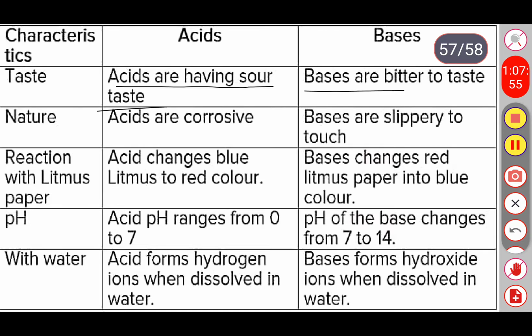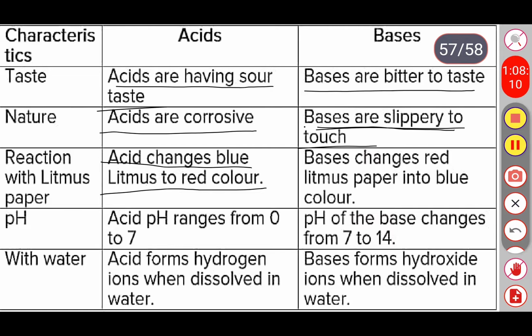And next one, acid changes the litmus paper from blue to red. Bases change the litmus paper from red to blue. And the pH value of acidic substances is less than 7.